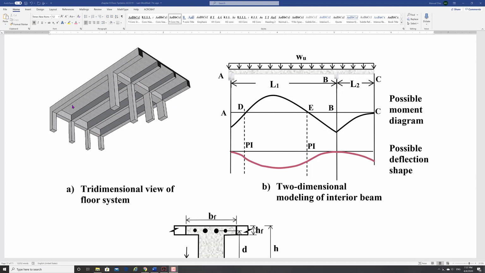And so you can see here the slab is all cast in place. So this is going to become a T-beam for the purpose of designing. So that's what this model is.